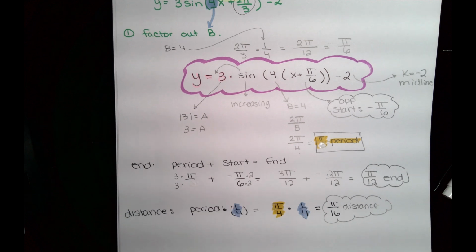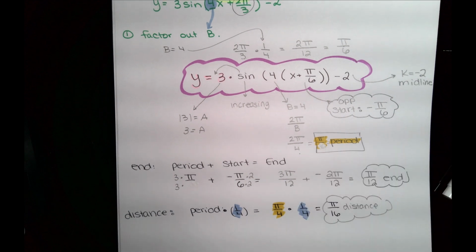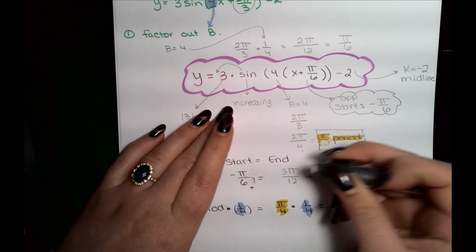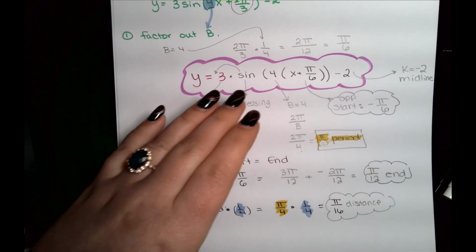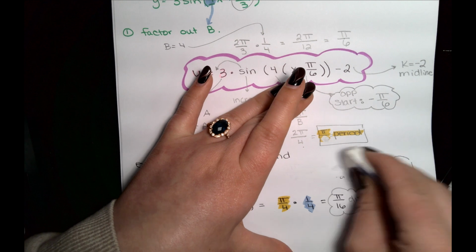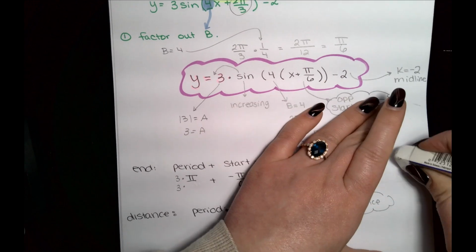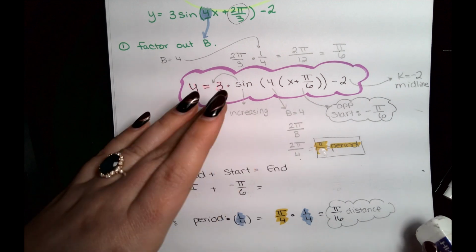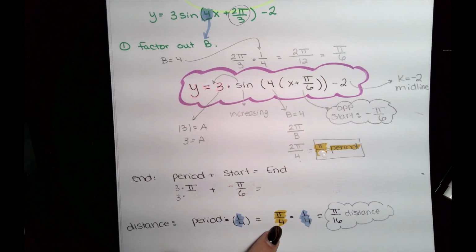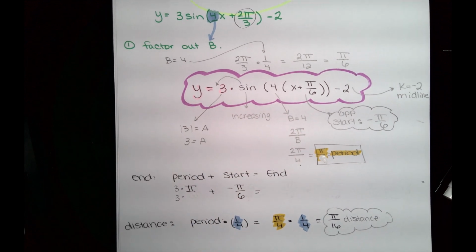This is going to be changed. See what happens when you work quickly? Let's take our time, beautiful people. So let's go ahead and change that to pi halves as soon as that dries. This will be a 2. So let's change all of this. This is all going to be different. I apologize, it's been a long day. Okay, so our distance is going to be different too because our period is going to be different as well.